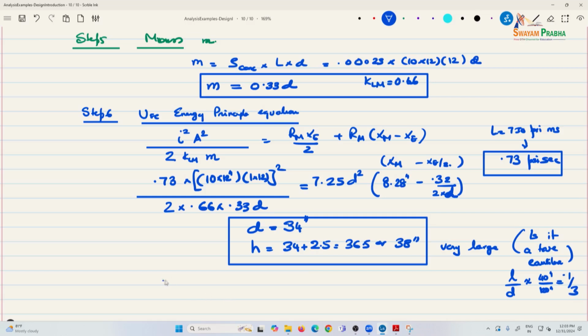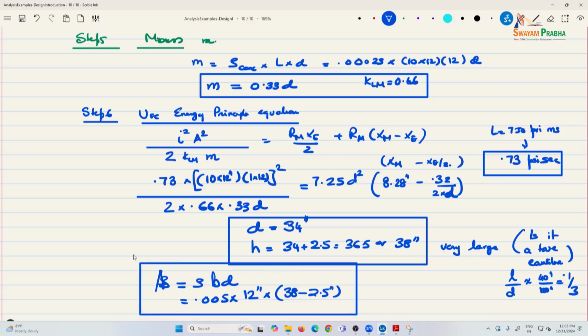And your required reinforcement ratio, rho times A, is rho times BD. So, 0.005 multiplied by B is 12 inches multiplied by D is 38 minus, let us say, the 2.5 inches, because you are providing here the steel.